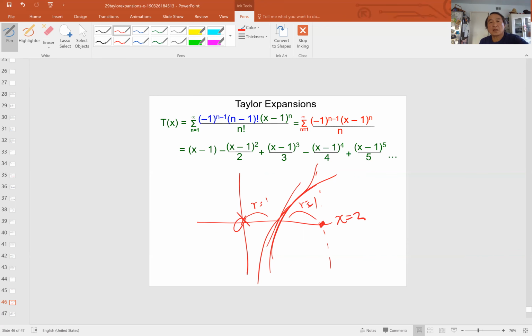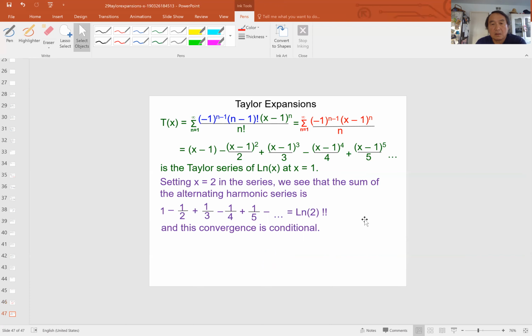So if I plug x equal to 2 into this series, I get 2 minus 1, which is 1. So I get the alternating harmonic series, which adds up to log 2. That's how we get the value of log of 2.